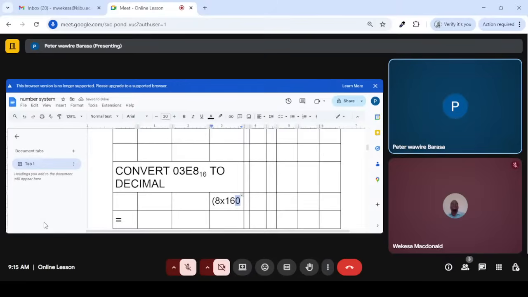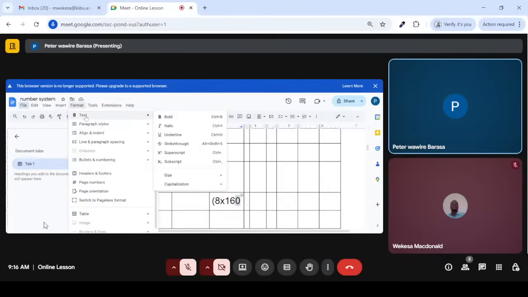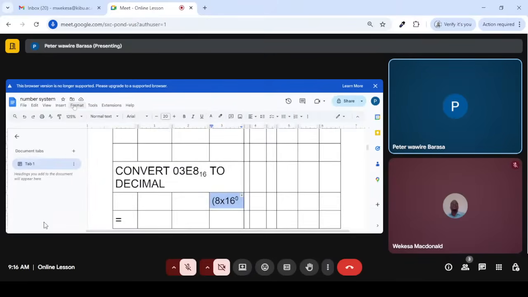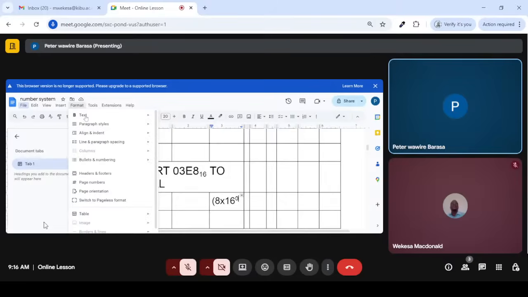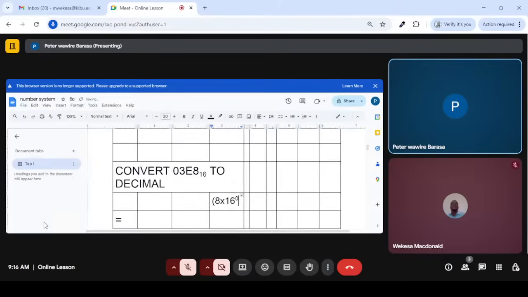So power 0 here. So it will be that plus, then you go, it will be 16 power 0.